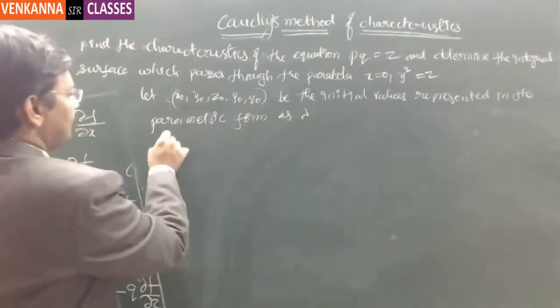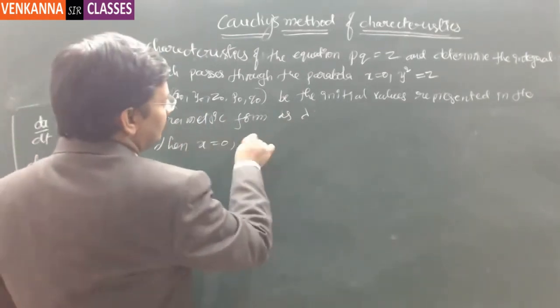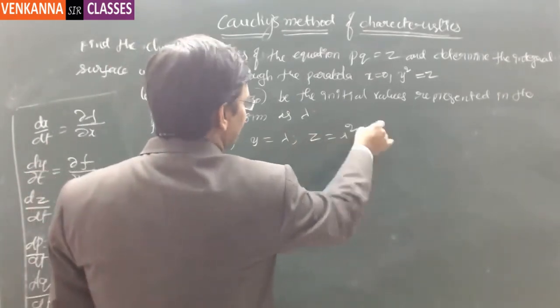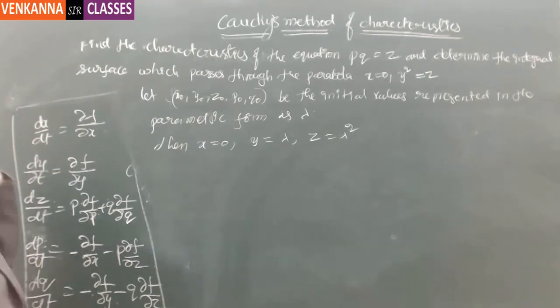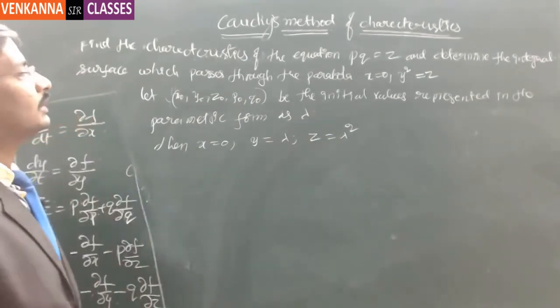Then x is 0, and if you take y is equal to lambda, z will obviously be lambda square.